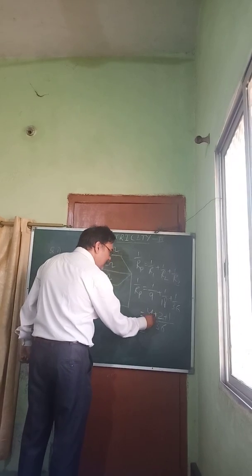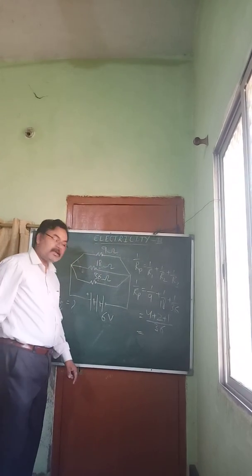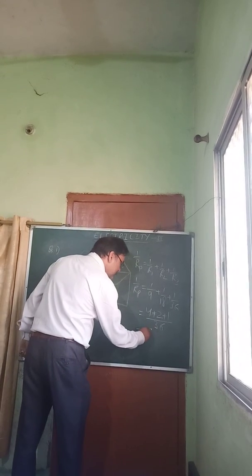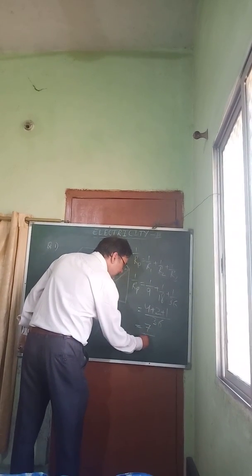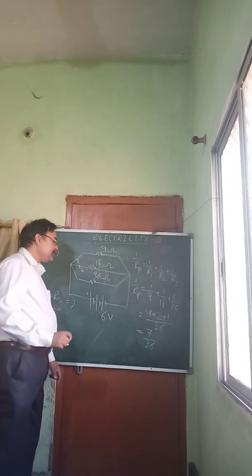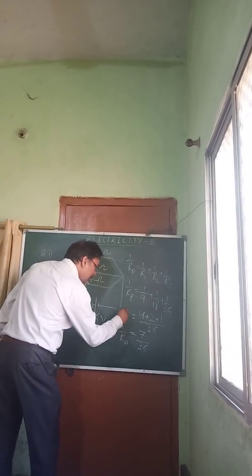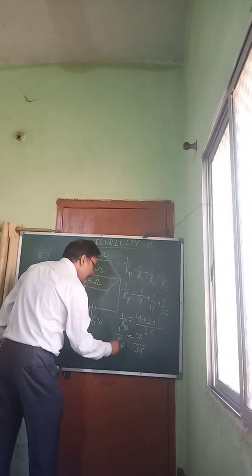So what we will get? 4 plus 2 is 6 and 1 is 7. So you will get 7 by 36. This is equal to 1 by Rp. Don't forget this is equal to 1 by Rp.